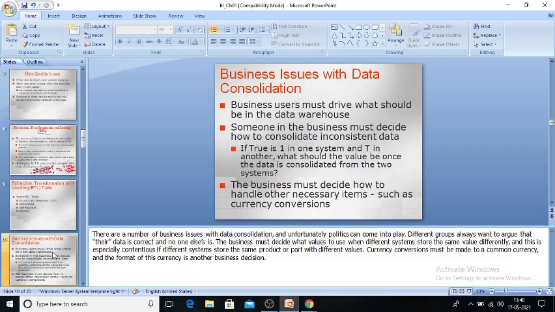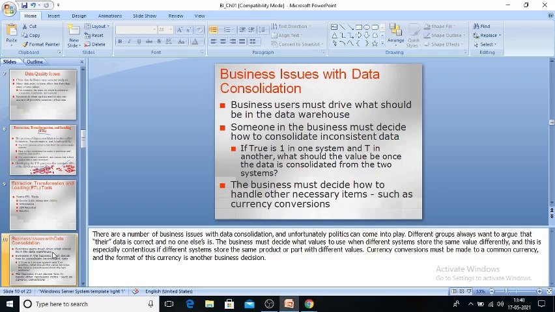Who will conclude? Who will take a decision on that? So the business users must drive.